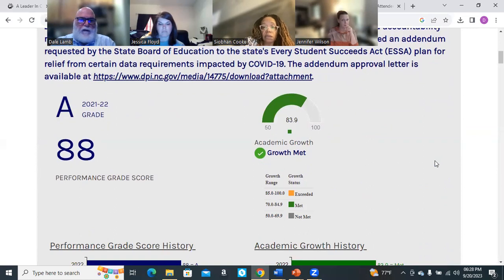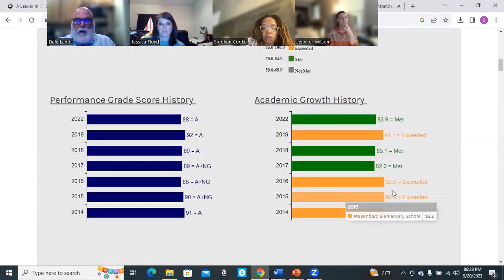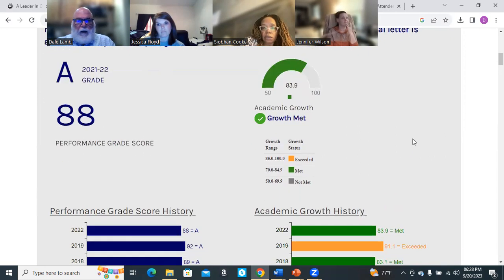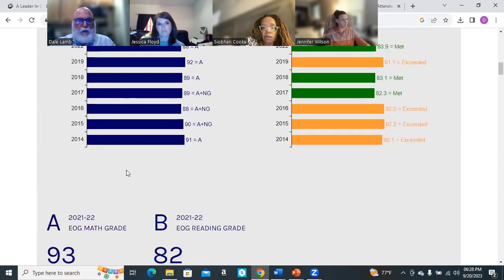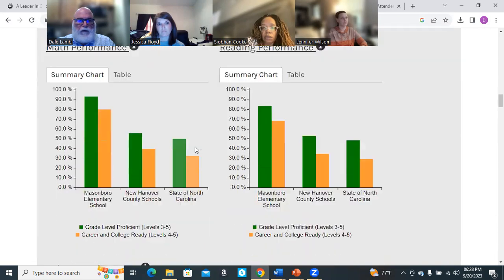So when you open up the state report card, here is her score. Her performance grade is 88. She's an A school. And you got growth right there. She's met, but she usually exceeds. You can see she's exceeded over the last 8 years. She's exceeded more than she's met. And so, obviously this is a very good school. And then you see the performance. And then right underneath that, you see the proficiency score. 93 and 82, and here it's graphed out.